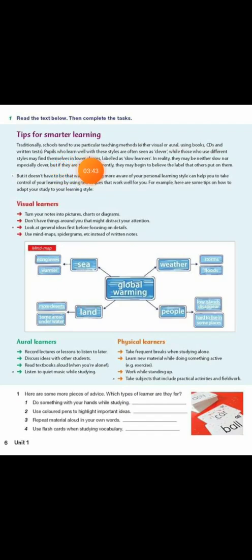Pupils who learn well with these styles are often seen as clever, while those who use different styles may find themselves in lower classes. Those who don't reach the style suitable for them are labeled as slow learners, meaning they don't know how to study. In reality, they may be neither slow nor especially clever.